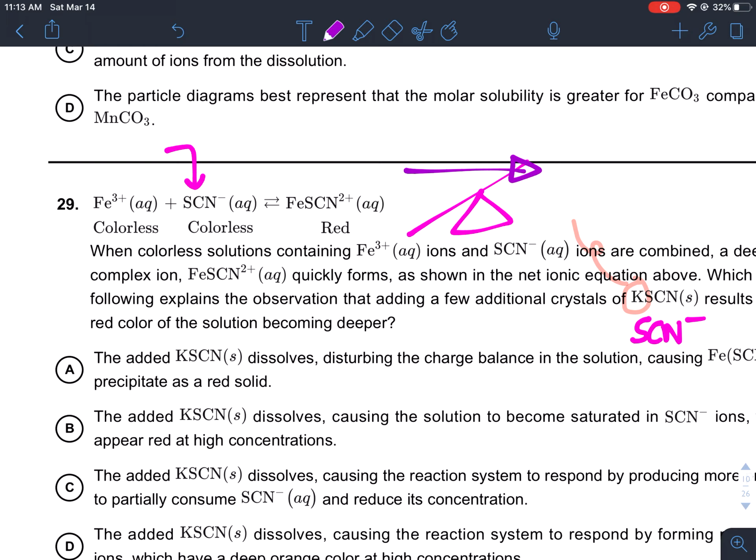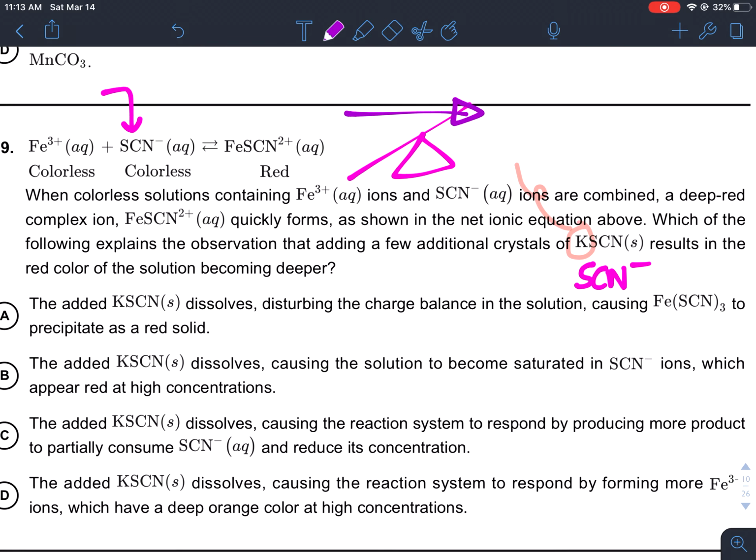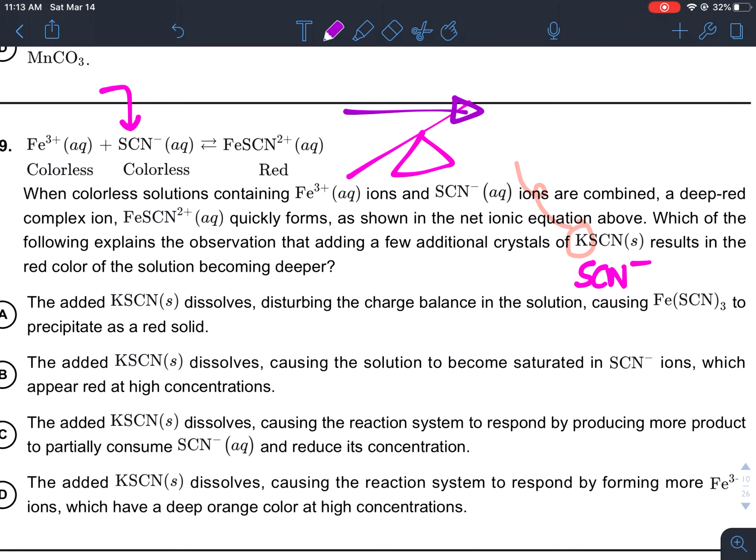All right. The correct answer, A, let's see. The added KSCN dissolves, disturbing the charge balance in the solution. Who cares about the charge? Charge has nothing to do with this. B, the added KSCN dissolves, causing the solution to become saturated in SCN ions, which appear red at high concentration. SCN appears colorless, so that is not true.